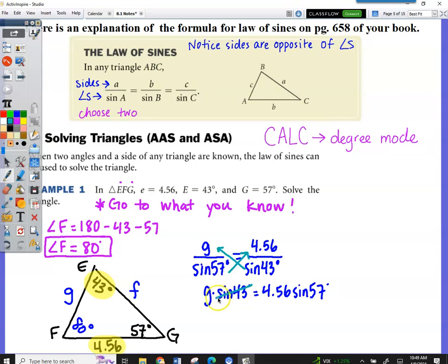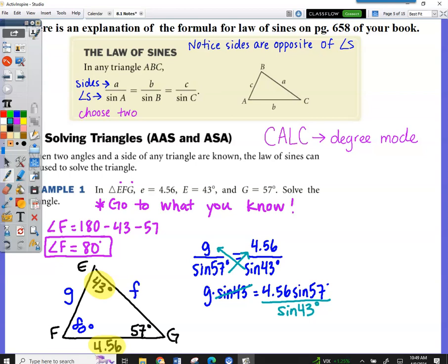So I'm going to move this by division over here. And now I can type in my calculator. Now, did I have to do cross multiplication from both sides? No. Not really. The only one that needed to be by itself was the G.